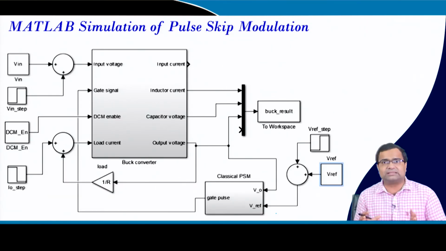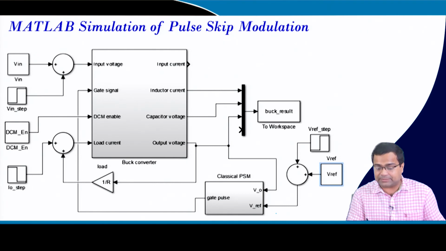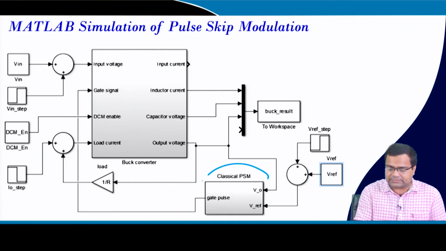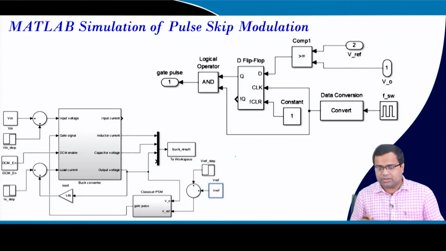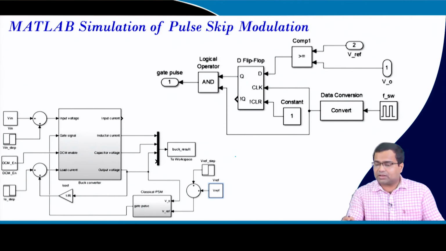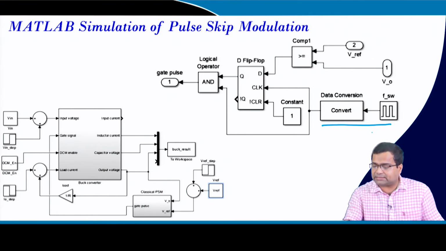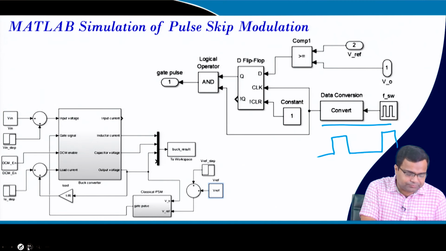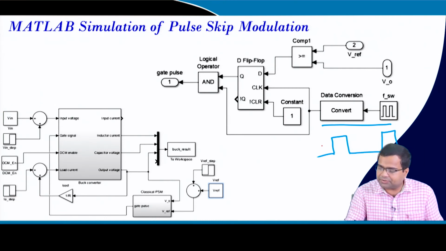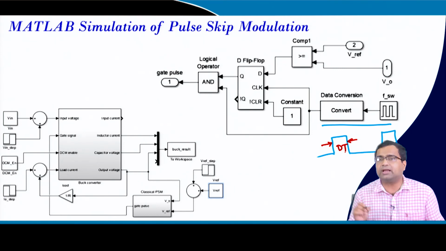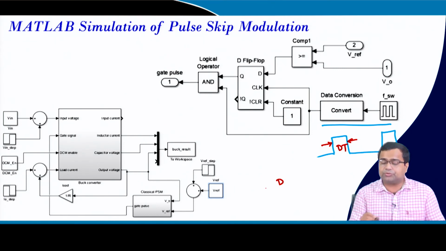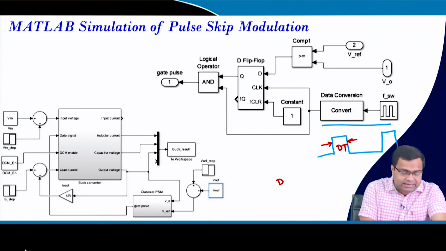We can also do pulse skipping. I told you how to realize pulse skipping. Everything is the same, only this block we are changing multiple times. Here in pulse skipping, this is a pulse which has a fixed duty ratio. We are setting some duty ratio D into T. It is your choice how you set D, but remember during this on time your inductor current will rise.